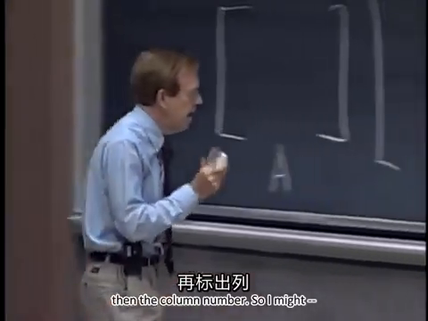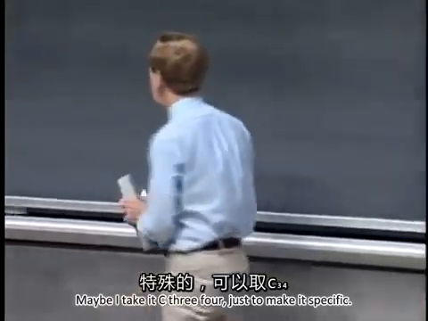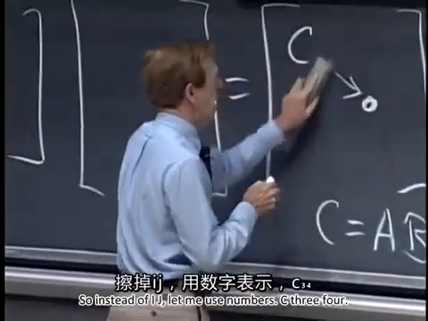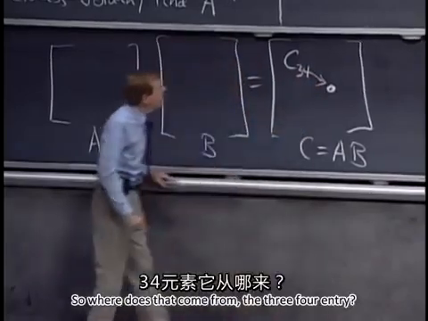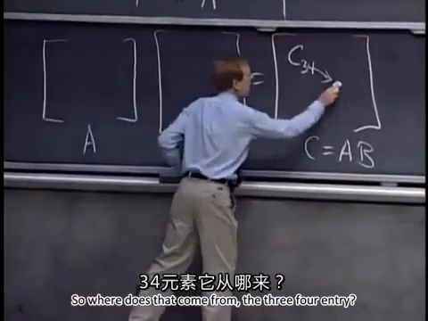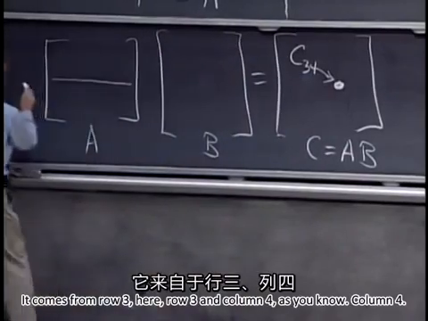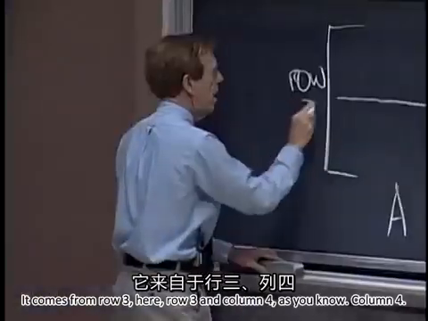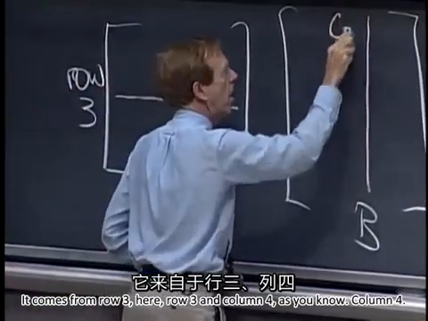So maybe I'd take it C34, just to make it specific. So instead of IJ, let me use numbers, C34. So where does that come from, the 3-4 entry? It comes from row 3 here, and column 4, as you know.